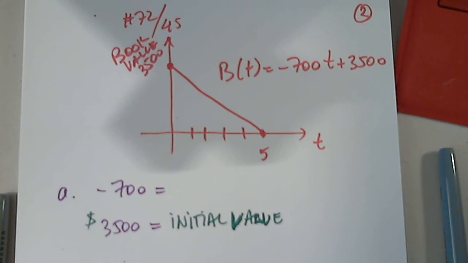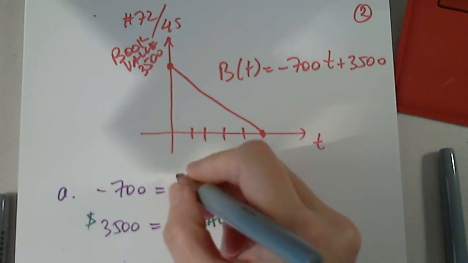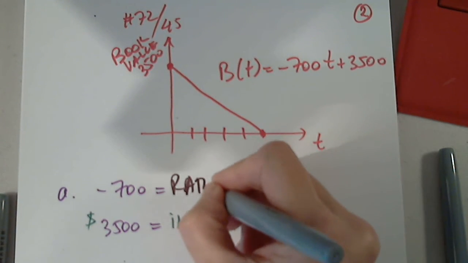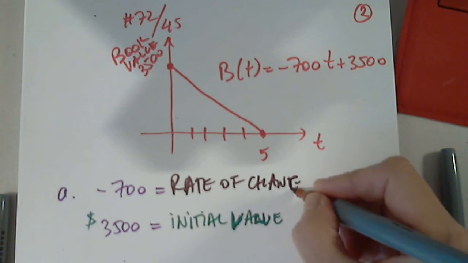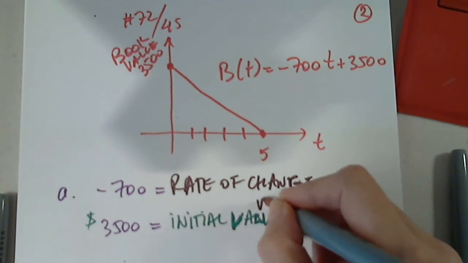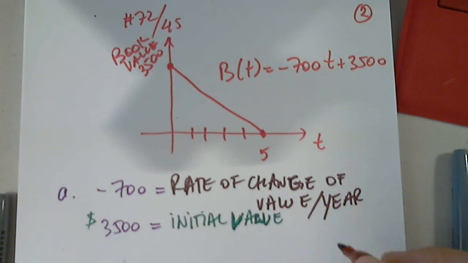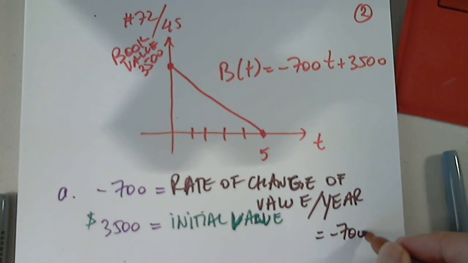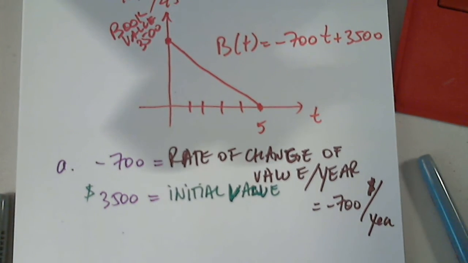Is that the depreciation? Yes. So this is the rate of change of value per year. Since it's a negative value, it's dollars per year. So it's a decrease.